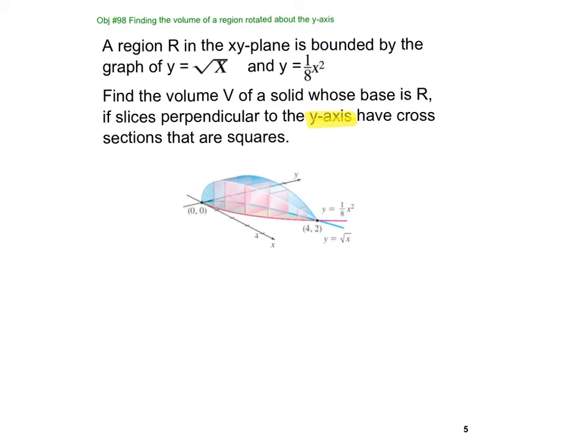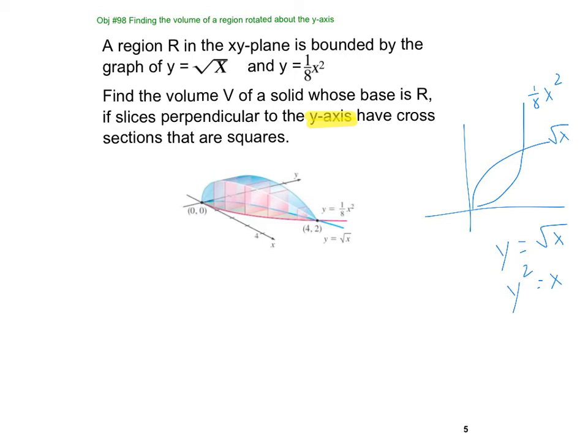All right, so now we're going to do the same problem, but perpendicular to the y-axis. So I'm going to draw this again. So I've got my square root, my 1/8 x squared, and my square root of x. Now we need to solve those. So if y equals the square root of x, x equals y squared.